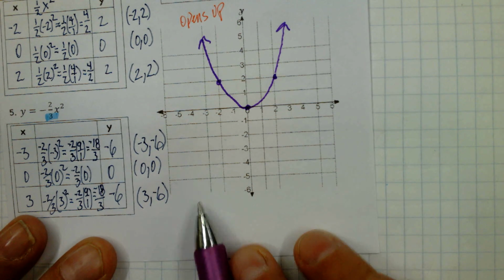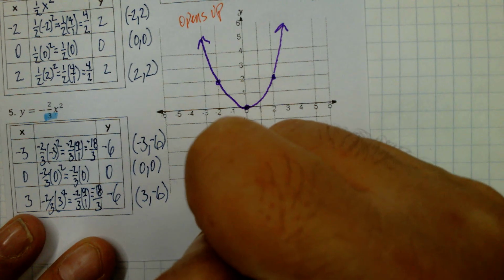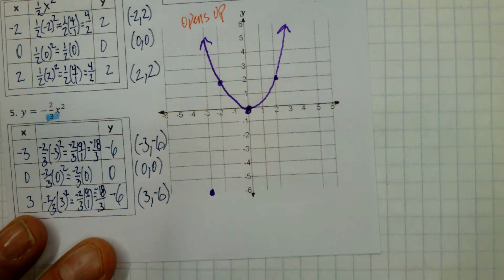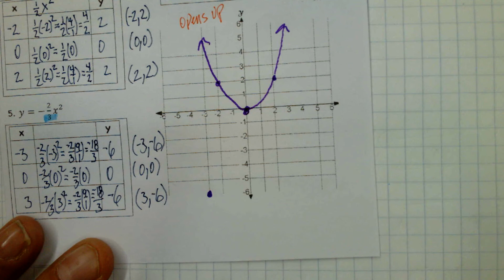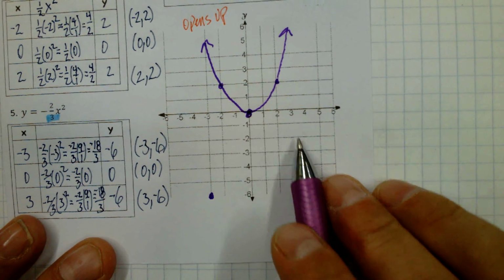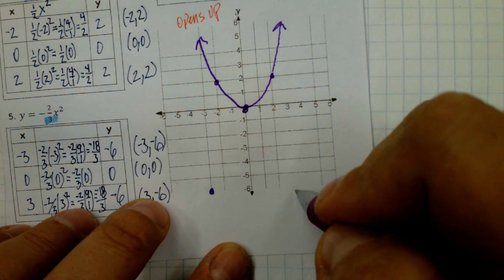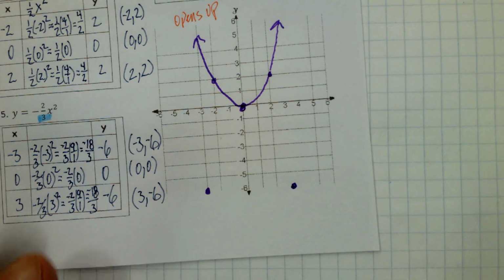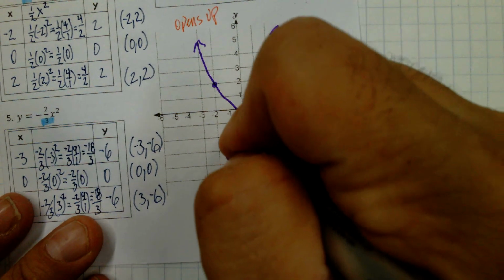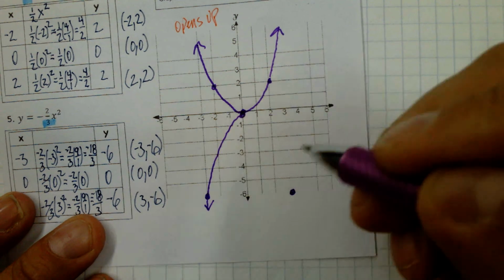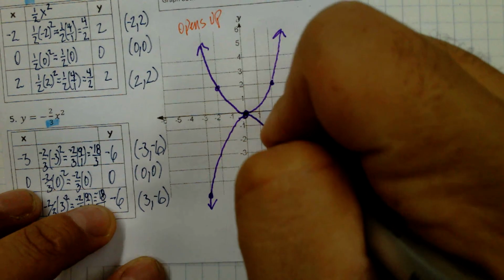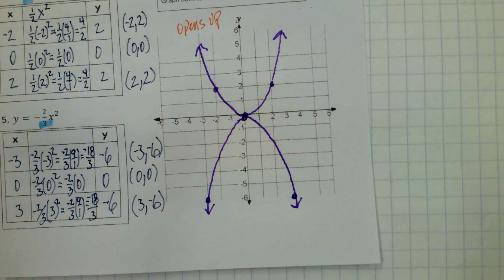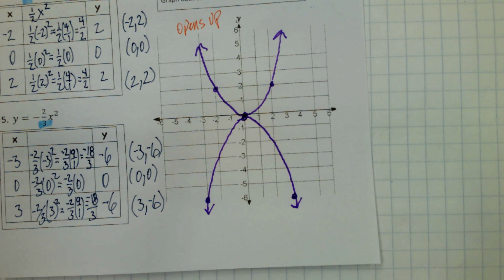Negative 3, negative 6 is way here at the bottom. Right there. Then we have 0, 0. This point's in common. Then we have 3, negative 6. And there you go. Opens down.